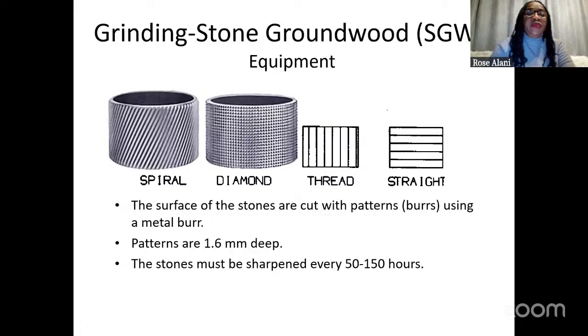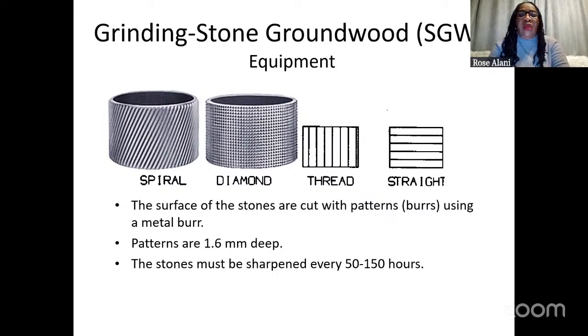And then it's important also to see the stones or the grinder that can be used. The grinder that is used is cut into a certain pattern, just like a stone is cut into a certain pattern, so that it will give that abrasive property.